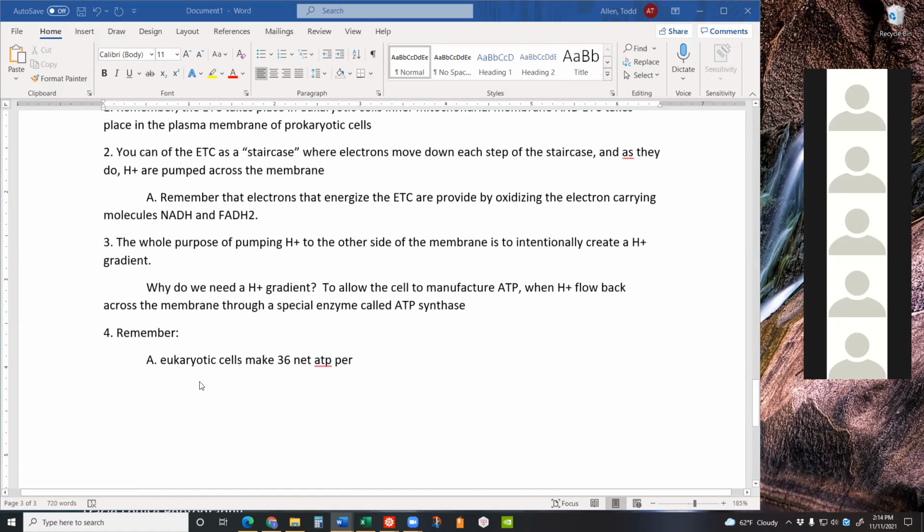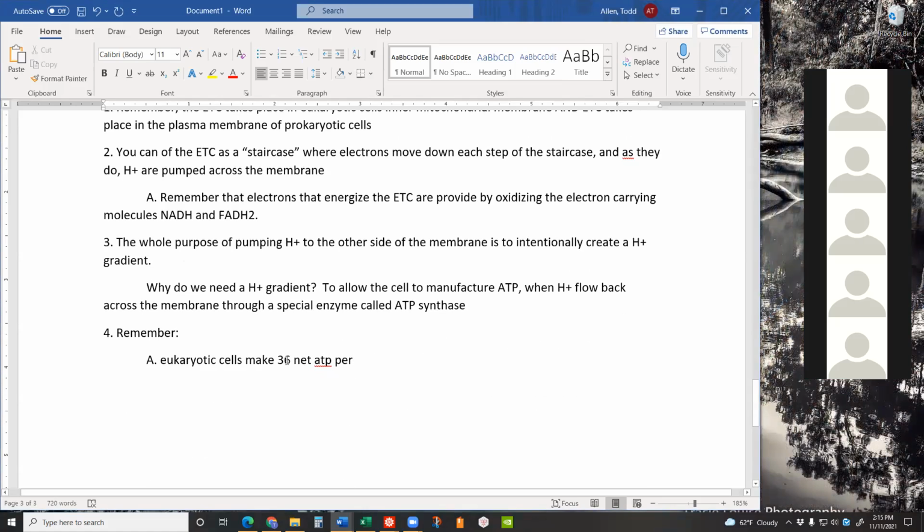We're talking about the electron transport chain. Eukaryotic cells in the electron transport chain, not all of respiration, will manufacture, and let me get my notes so I don't mess this up for you, 32 net ATP. Remember, when considering the total ATP made by the ETC, eukaryotic cells make 32 net ATP per glucose.